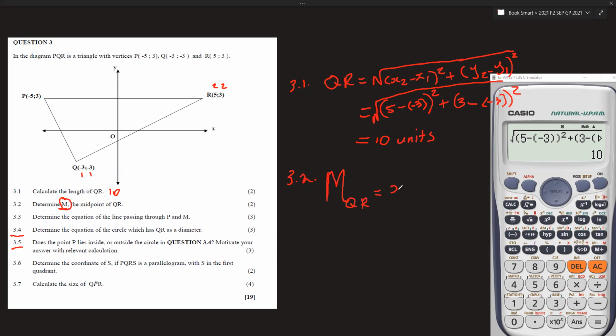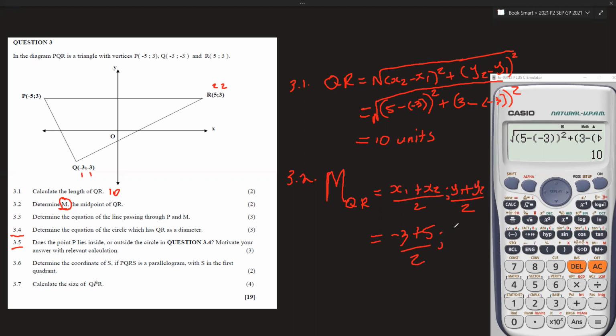So using the midpoint formula, it's x1 plus x2 over 2, coordinate y1 plus y2 over 2. As we see there, our x1 is -3, and my x2 is 5, over 2.